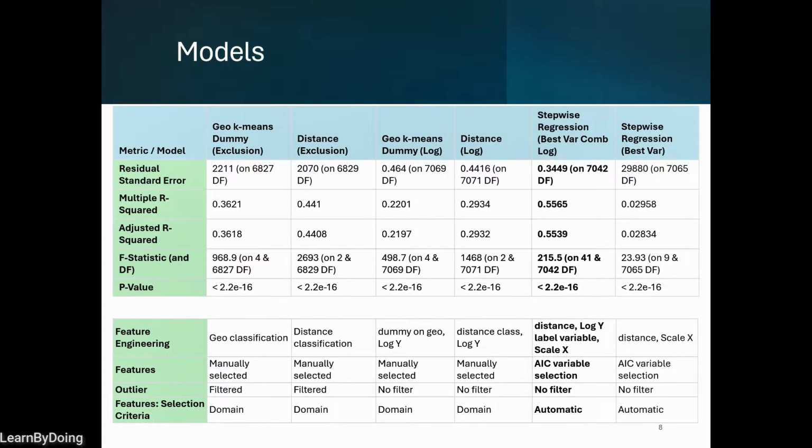As you can see here, traditionally we use adjusted R square as the fit measure to see if the model is fitting well to the data. By this measure, there is 55% accuracy on the stepwise regression that uses the AIC procedure to choose the best variables.